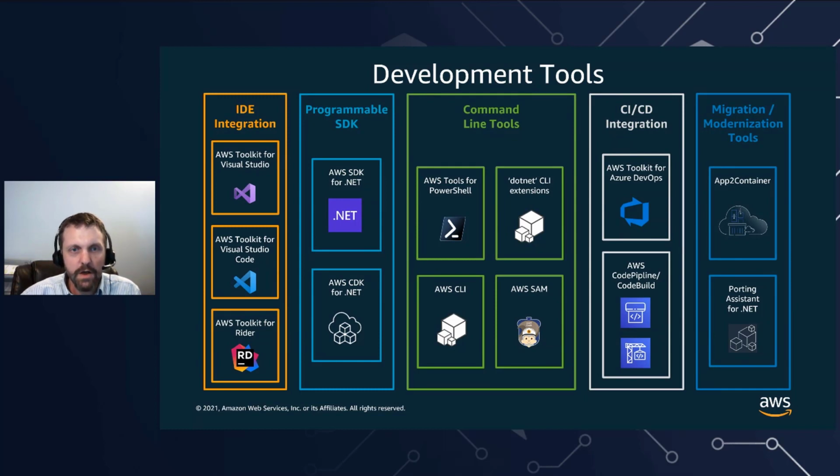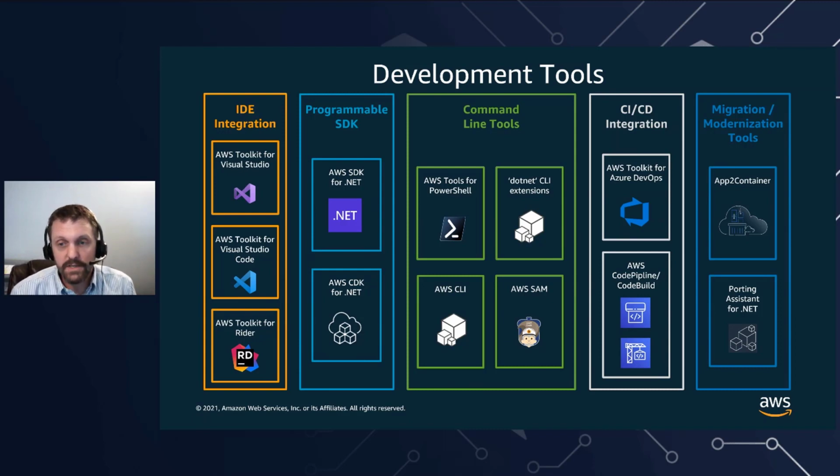First of all, there are plugins available for the most popular, commonly used IDEs that .NET developers are using. So doing some common AWS tasks and operations really doesn't require developers to constantly context switch between their development environment and other tools. Then we have SDKs that make integrating with AWS convenient for .NET developers.